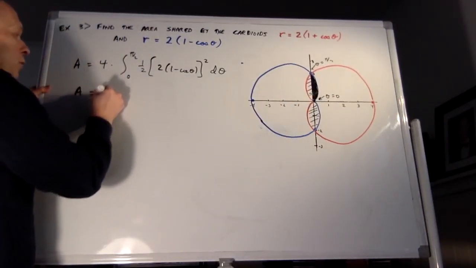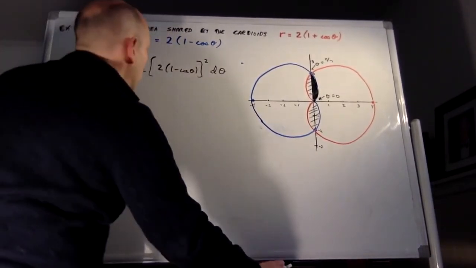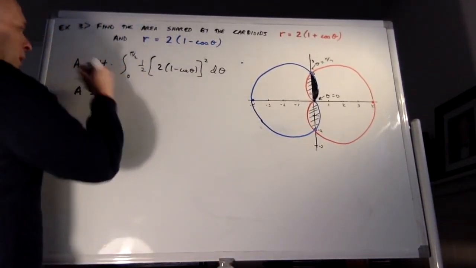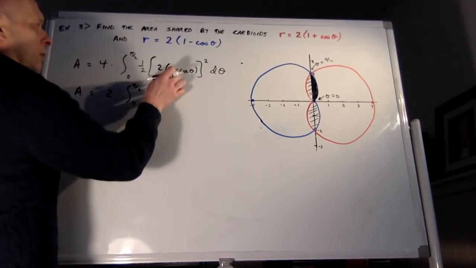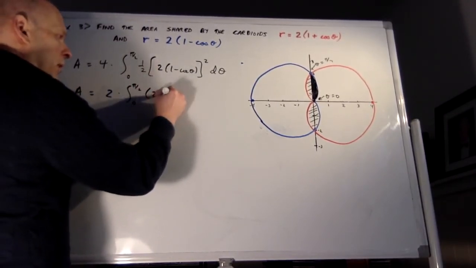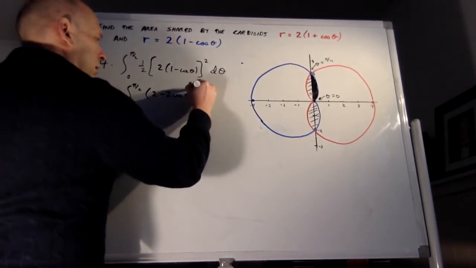So we have A is equal to 4 times, let's see, 1/2 can be pulled out. So 1/2 times 4 is 2. So it's 2 times the integral from 0 to pi over 2 of 2 minus 2 cosine theta, squared, d theta.